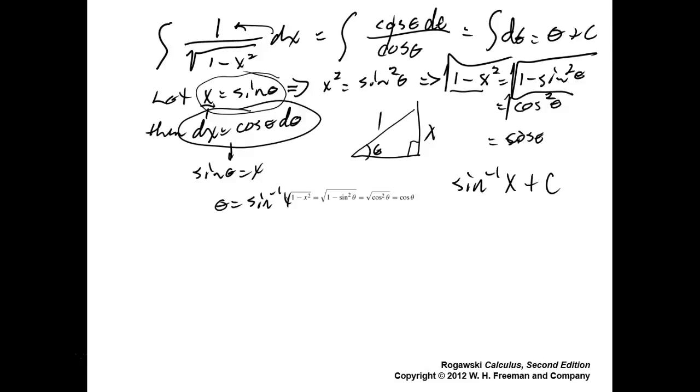And by the way, let me just show you this. What would be the side down here, the horizontal side then? If the opposite side is x, and the hypotenuse is 1, what would the adjacent side be? Pythagorean theorem, it's the square root of 1 minus x squared. Is that what you said? Yeah. And isn't that what we've got in our denominator there?